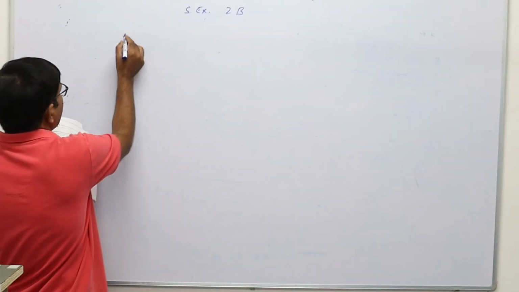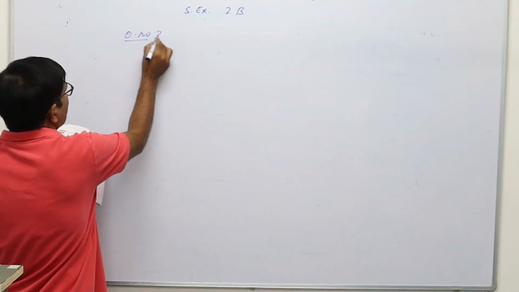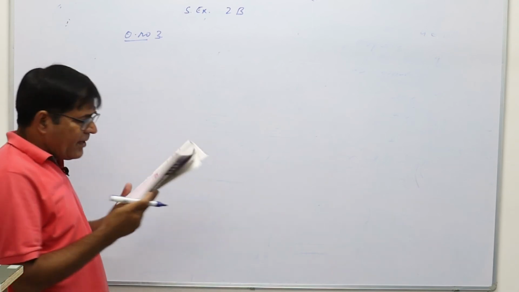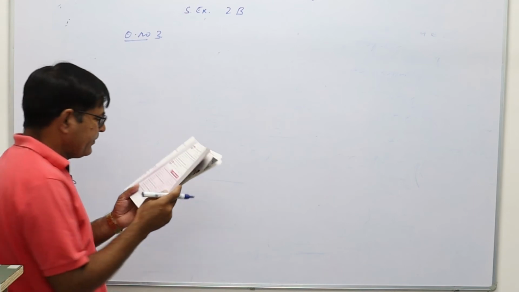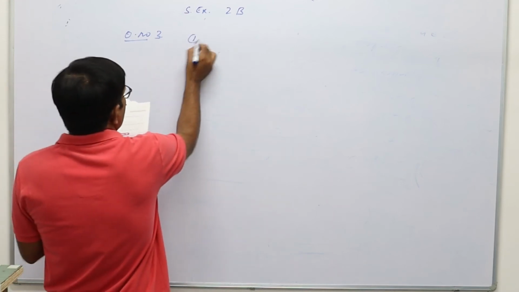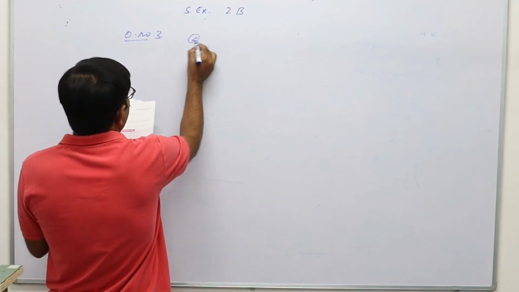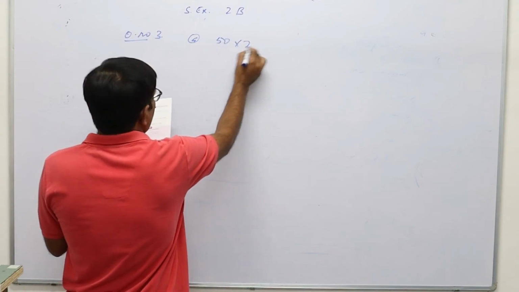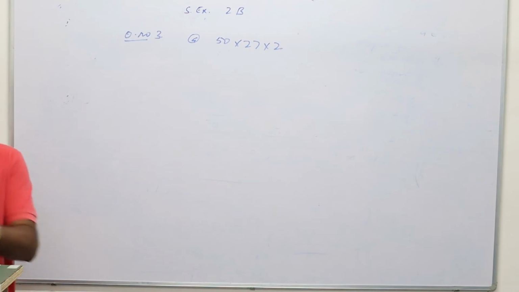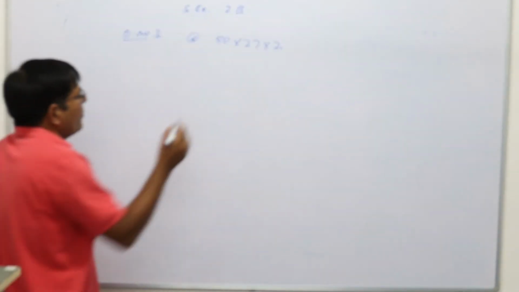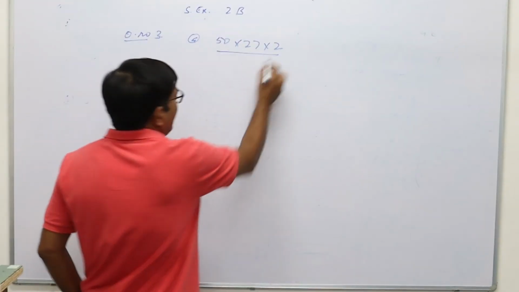Now question number 3. Find the following product by suitable rearrangement. First question, A: 50 into 27 into 2. We have to find the product of these numbers.